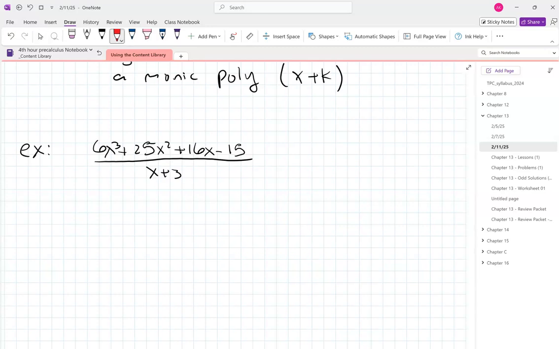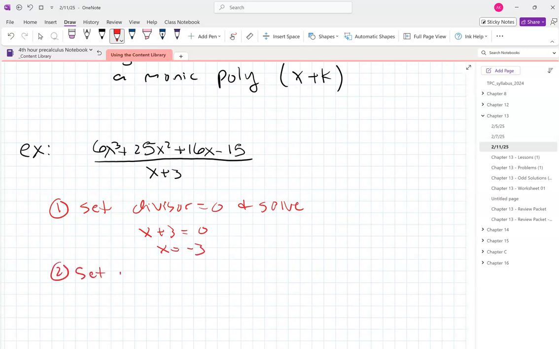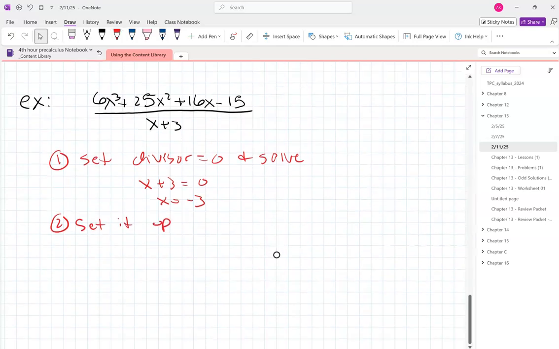So we want to start by setting the divisor equal to 0 and solve that. So I get -3. Next thing we do is set it up.